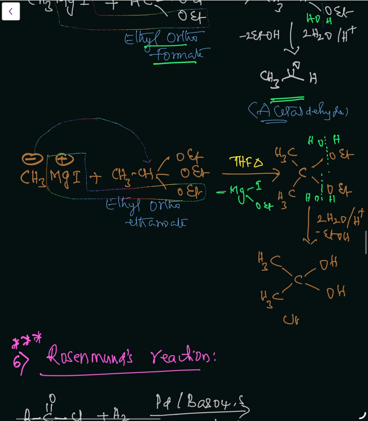So this is unstable. Why? Because of presence of two same OH groups on the same carbon. Then removal of H2O takes place like this. Then the compound is CH3, C, CH3, double bond O. This is acetone, which is a ketone.